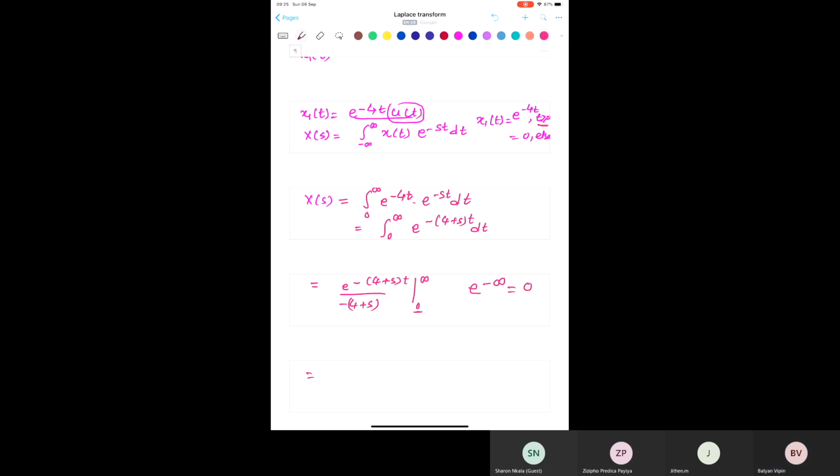When you put t equals 0 here, it will be e raised to the power 0, which is equal to 1.